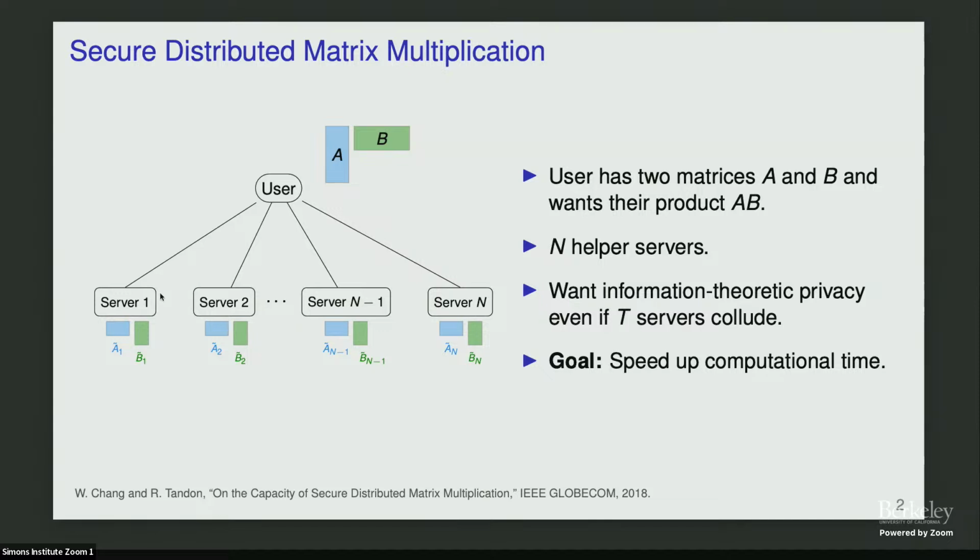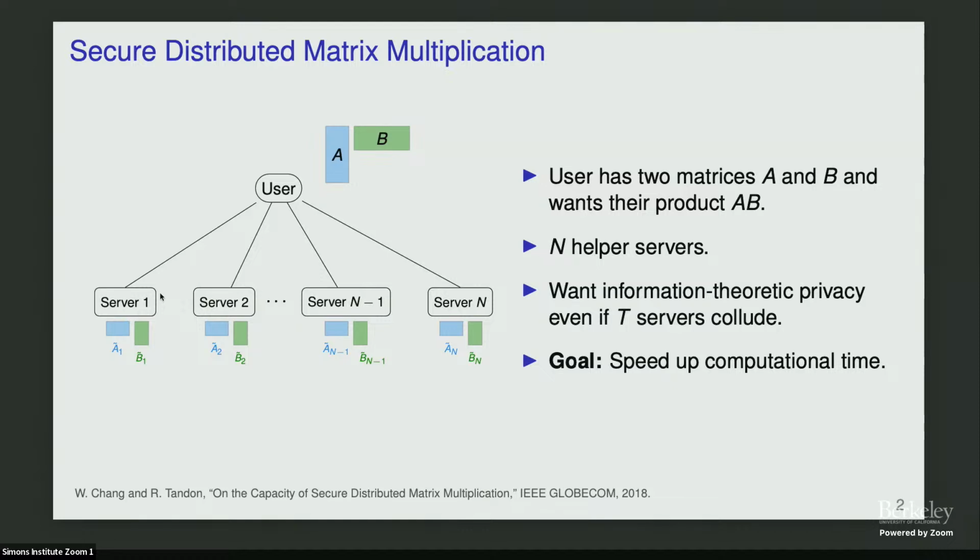One of the applications for this could be in training some type of machine learning model, where these matrices are generally correlated to your data in one way or the other. Generally the matrix multiplication is the most expensive procedure in many of the algorithms that are used.